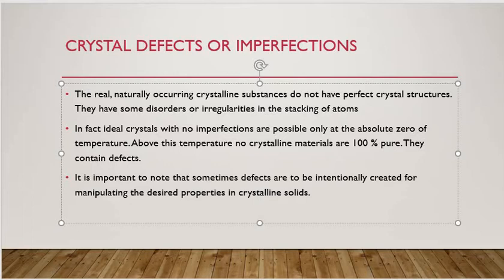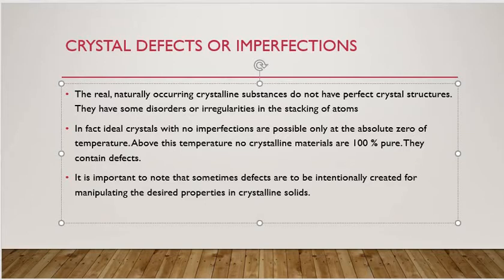Whatever be the nature of crystal defect, electrical neutrality of the solid is maintained. It is not like that after defect the metal crystal would be having positive or negative charge due to the missing of positive or negative ion. After having defect in a metal crystal, it is natural that the electrical neutrality is maintained.